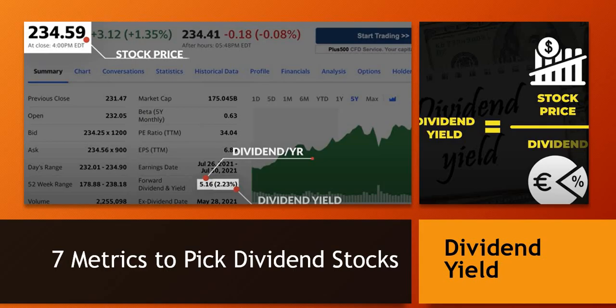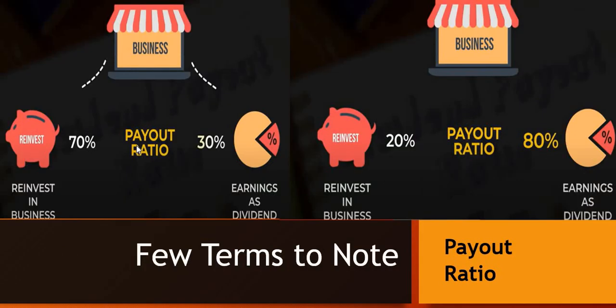So the next one is the payout ratio. So what is payout ratio? Payout ratio talks about how much of the company's profit is used in paying dividends, how much of the company's earnings is used in paying dividends.